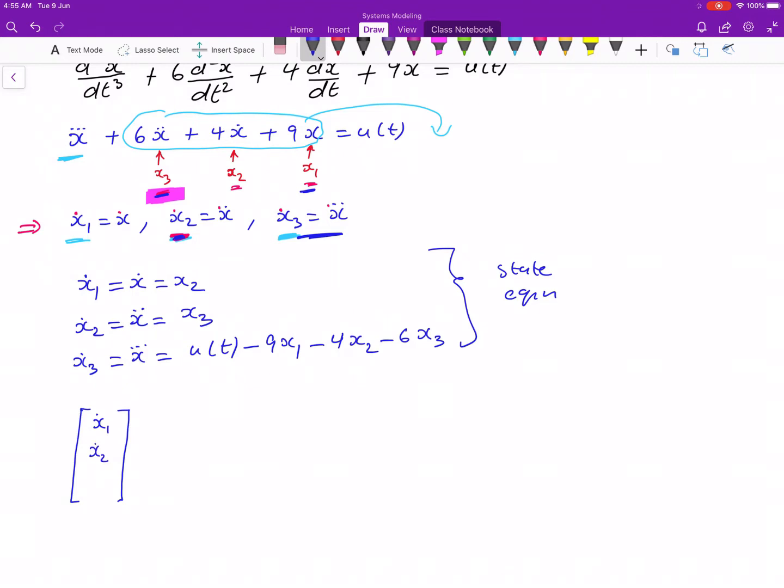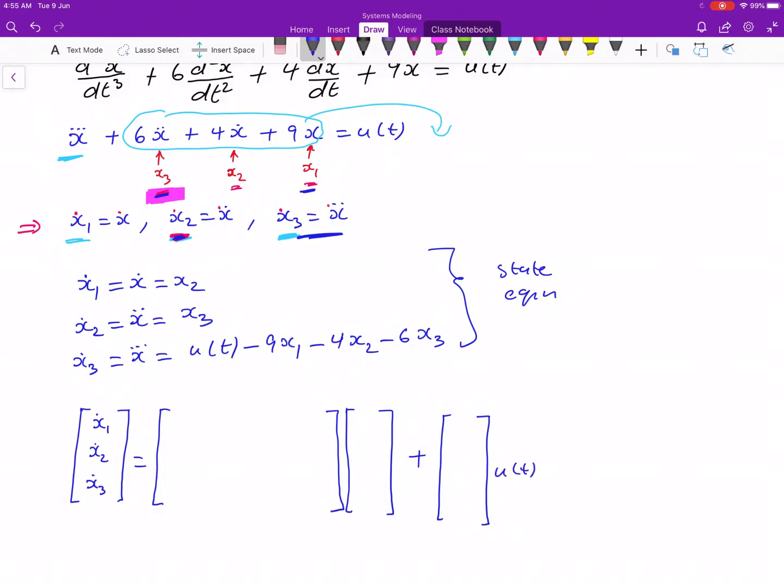Now we have to write this into a matrix format. It's equal to some matrix times our state variables, plus some input vector times u of t.